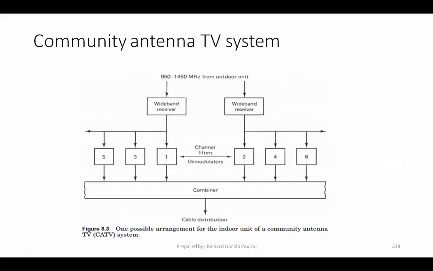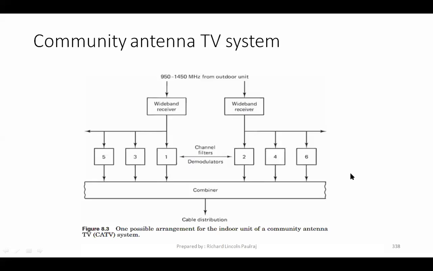So the next one is CATV, which is Community Antenna TV System. Please have a look at this diagram. So here you can see that from the outdoor unit, you can have a wideband receiver and demodulators.